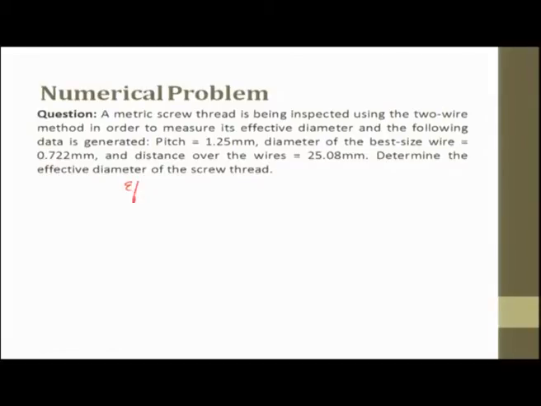The effective diameter dE is equal to T plus P, where T is the dimension under the wire and P is the correction factor.